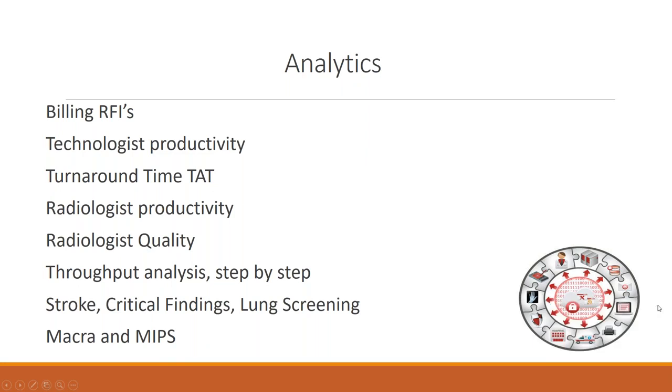Sorry. We measure our turnaround times every day. Radiologist productivity, we look at our RVUs per hour. We build our schedule based on the number of doctors we have and the number of RVUs they read per hour, and then we have productivity and predictive analytics as to our volume.